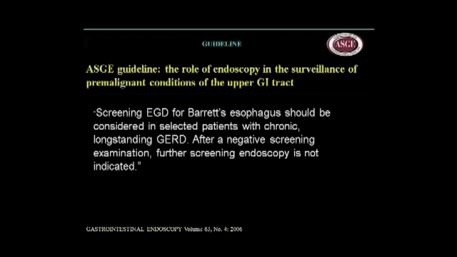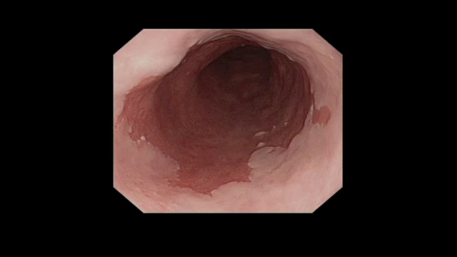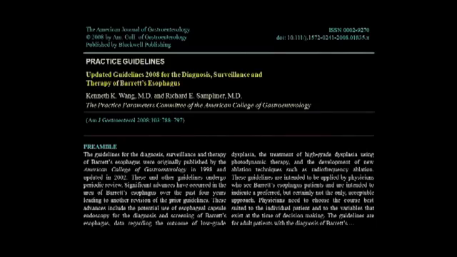And I think that's probably the case in most of our practices. If you see someone who's had reflux symptoms for more than 4 or 5 years, particularly a white male these days, it would be unusual for a practitioner not to pursue upper endoscopy, although there's no official recommendation to do that.